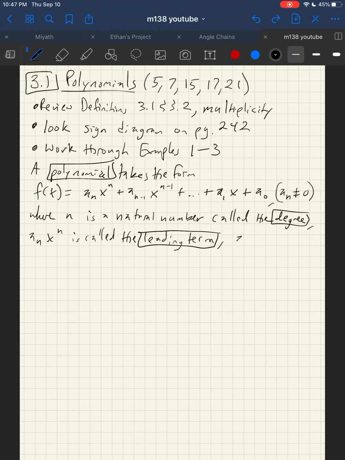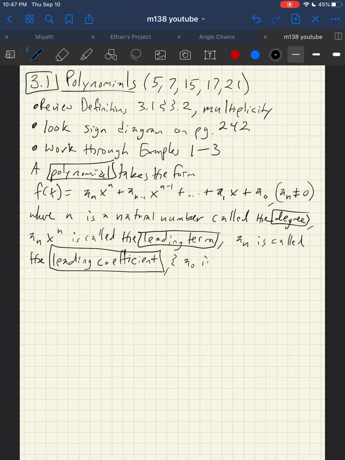And a sub n is called the leading coefficient. You've already heard me say a lot of these words. Leading coefficient. There we go.